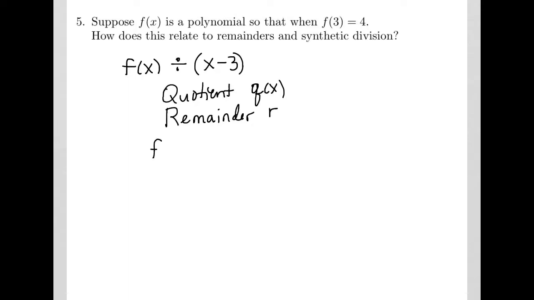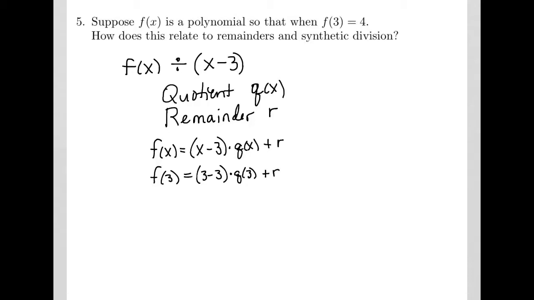And the division algorithm says my polynomial is x minus 3 times this quotient polynomial that I don't know, plus the remainder. So that if I plug in 3, I get 3 minus 3, which is 0, times something else that I don't know what it is. But 0 times that is 0, plus my remainder. My function value at 3 is the remainder.